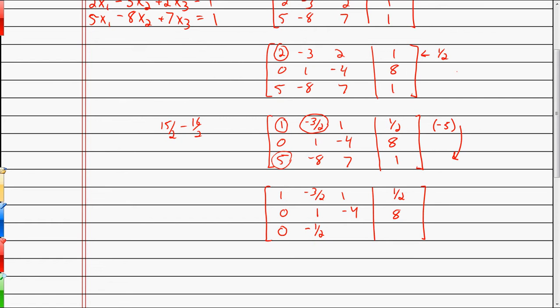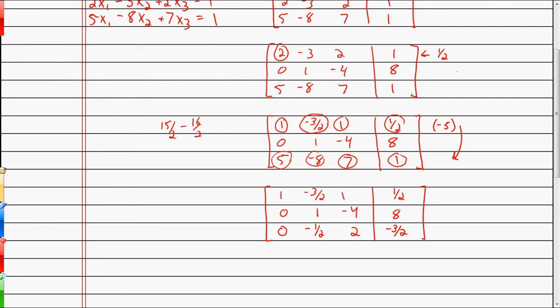Now, negative 5 times 1 plus 7 is going to give me 2. And then negative 5 times 1/2 plus 1. Let's see, that's negative 5 halves plus 1, or plus 2 halves. That's negative 3 halves.